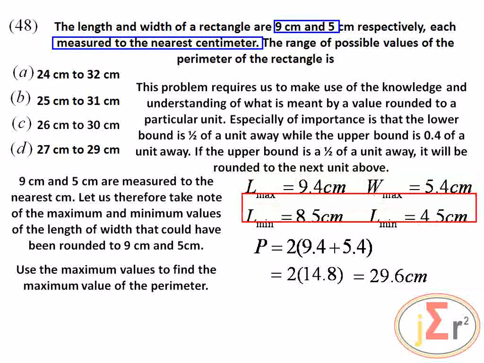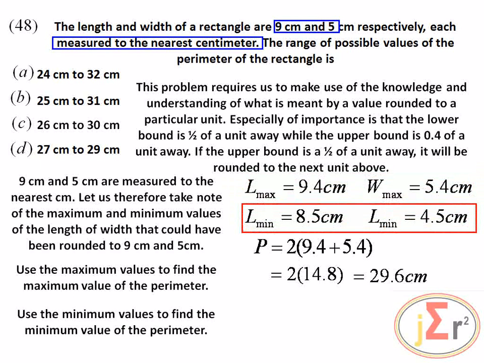Move to the minimum. So use the minimum values to find the minimum value of the perimeter. P is equal to 2 times the sum of the length and the width, as we have just used. Substituting the values that we have there, 8.5, 4.5, right.